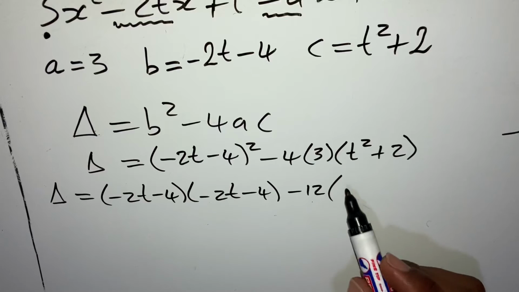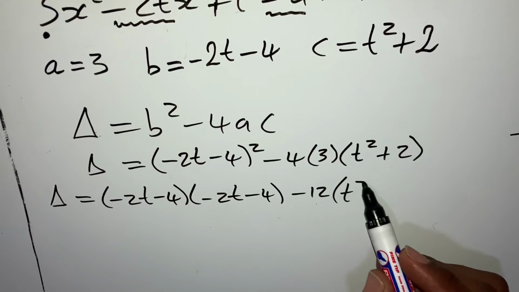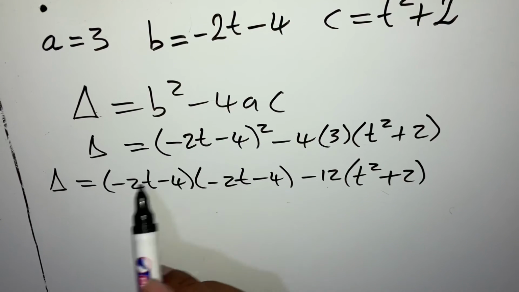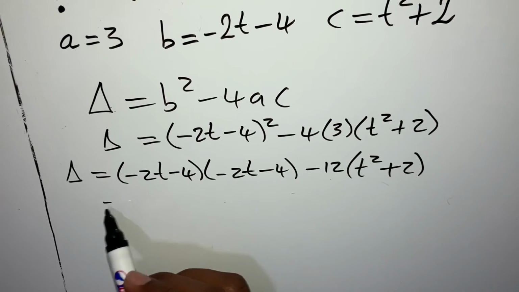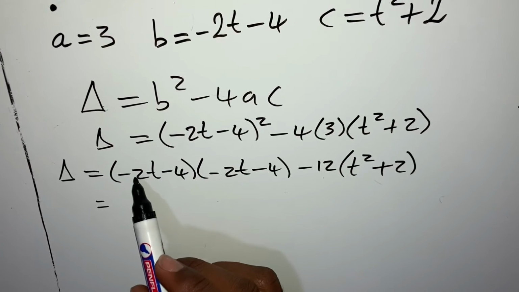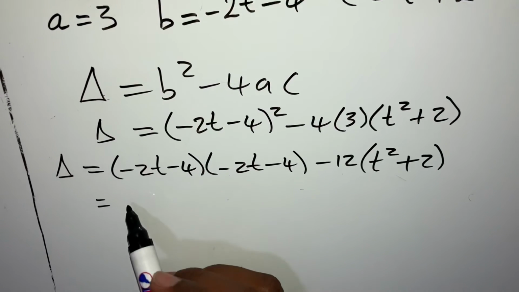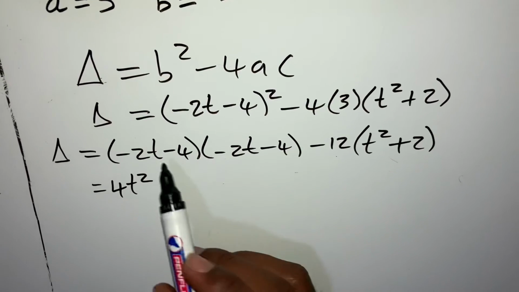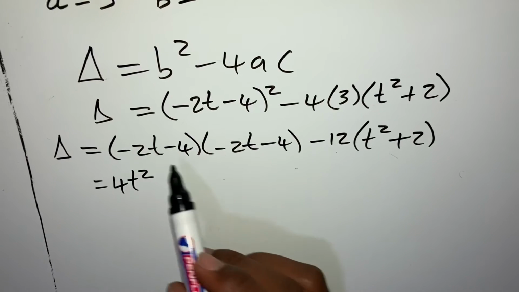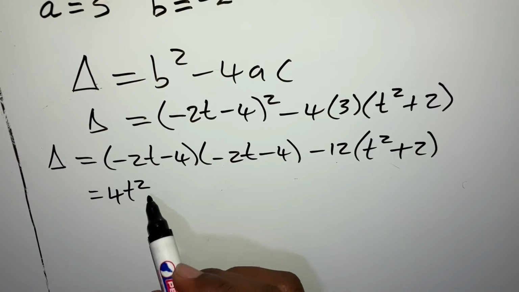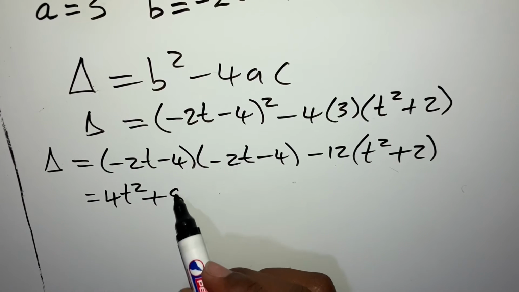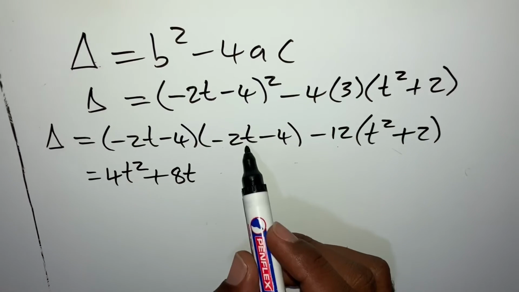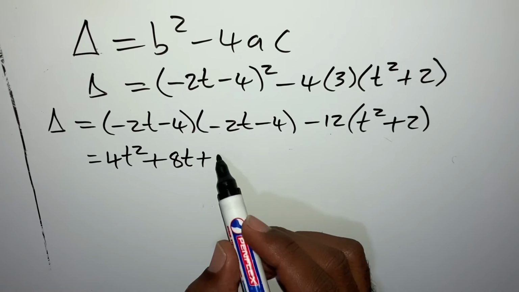Then negative 12 will have to multiply out t squared plus 2. Then we're going to multiply out this bracket, which gives us negative 2 times negative 2. Using the FOIL method, you'll get 4t squared. You multiply negative 2t times negative 4, you'll get a plus 8t. Same goes, negative 4 times negative 2t, you'll get a plus 8t.